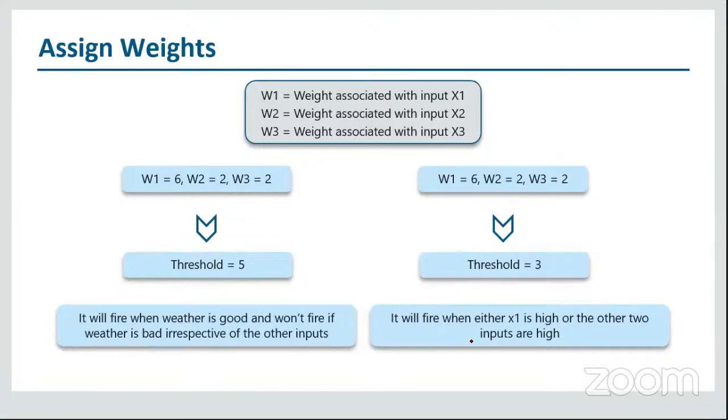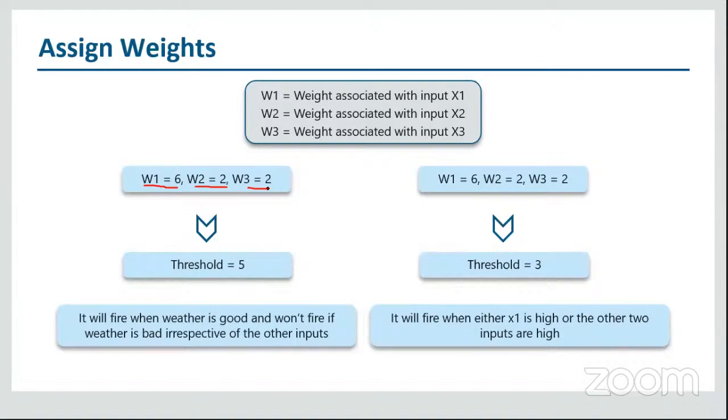For the purpose of calculation, let's assume our weights are like this. Our weather is very important. W1 is equal to 6. Spouse accompanying weight is 2. Public transport weight is 2.